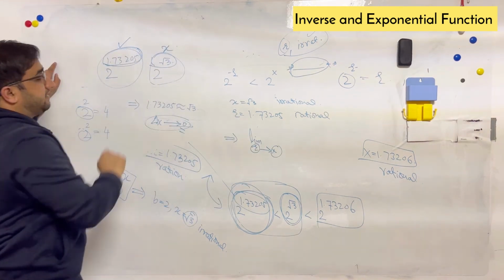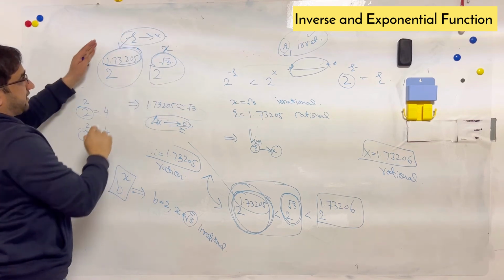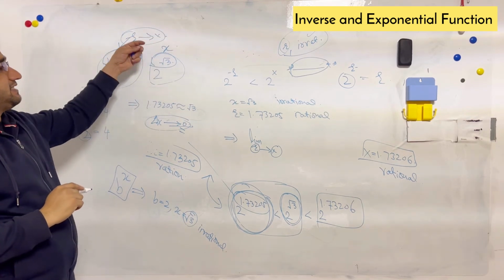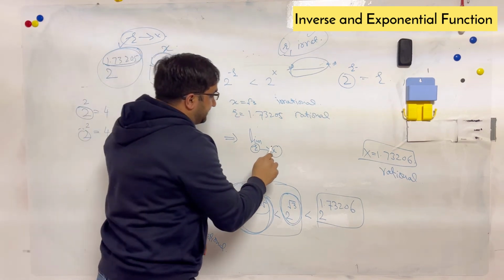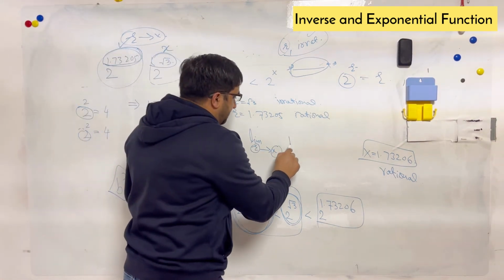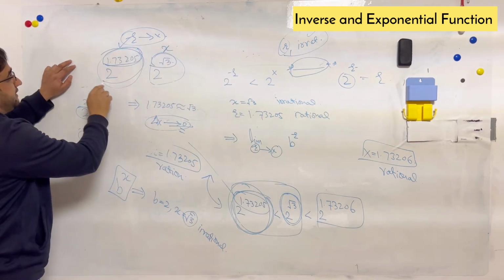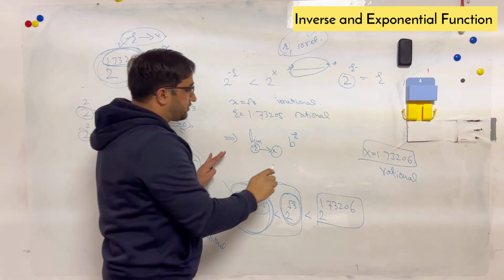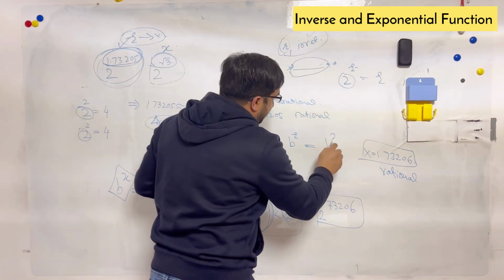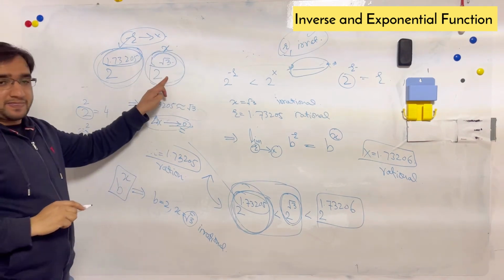Both are approaching each other. r approaches x from the left, which means they are almost equal. Then b raised to the power r is almost equal to b raised to the power x. Do you understand?